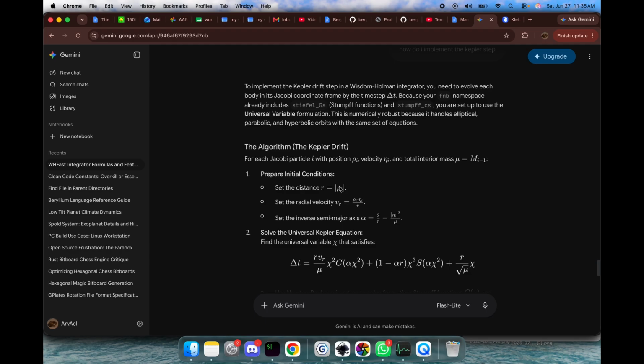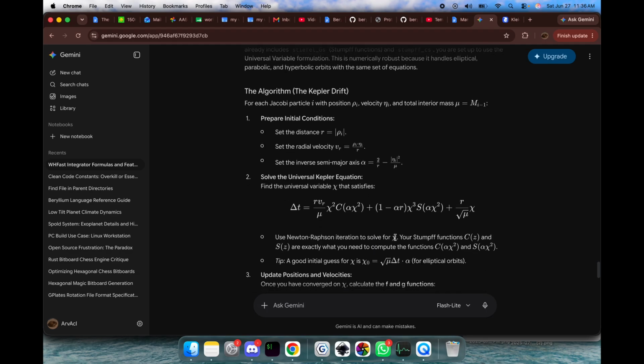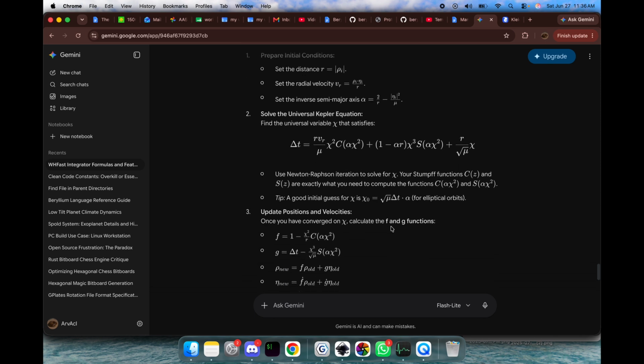Set the radial velocity, set the inverse semi-major axis. Find the universal variable x that satisfies that. Wow. What is S? So what the hell is S?